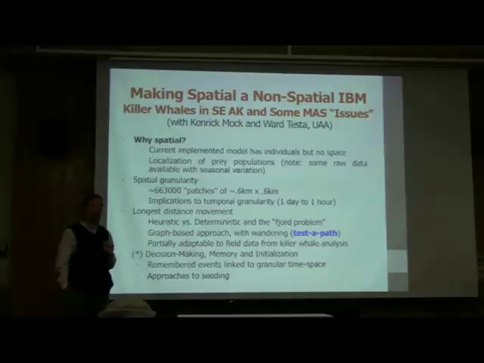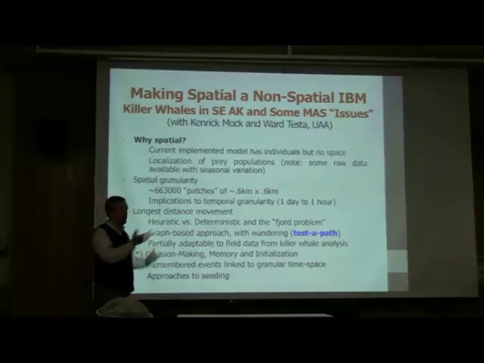Or it wouldn't say a whale could never move there, but it would be a very, very unlikely random event. Killer whales do occasionally travel 20 miles up rivers, and they appear to be lost. So there is some small probability of the whales getting lost. That would not be explicitly modeled, it would be abstracted out of the system, but we hope it would be implicit in the field studies and the underlying graph algorithms.